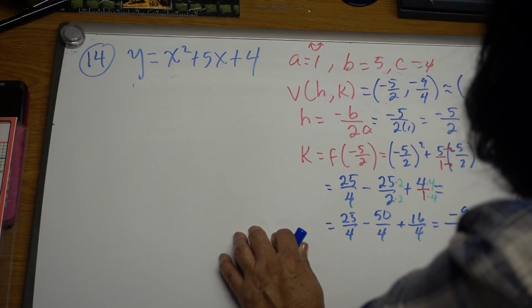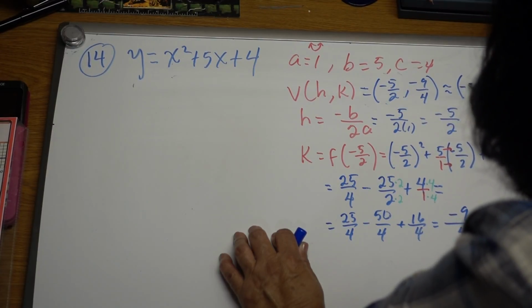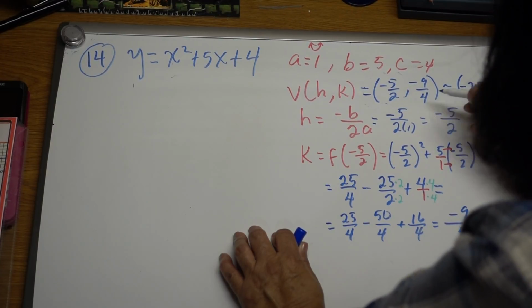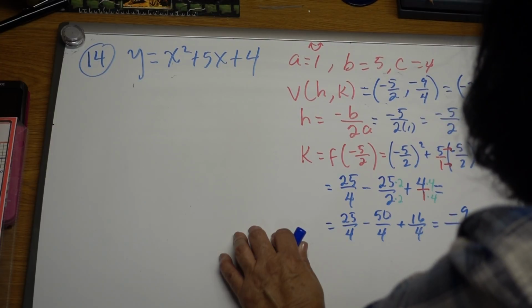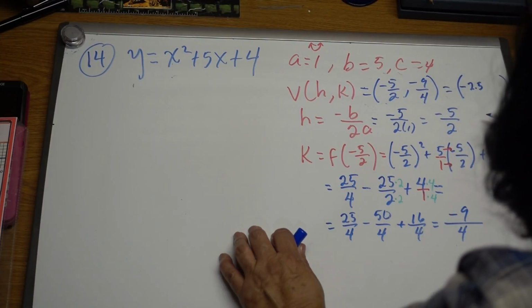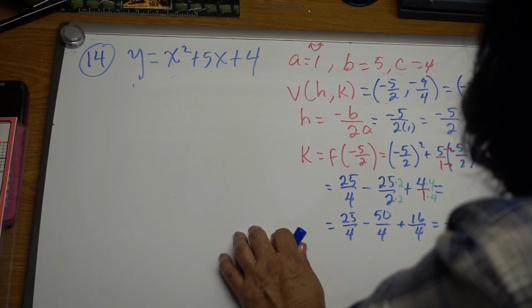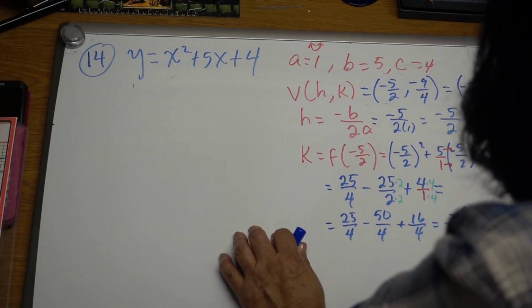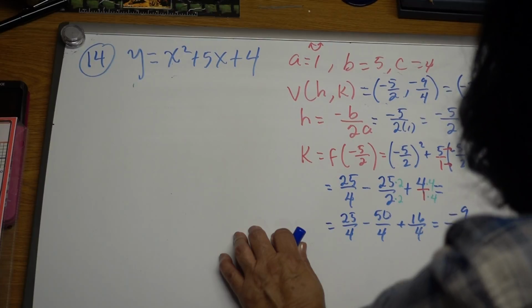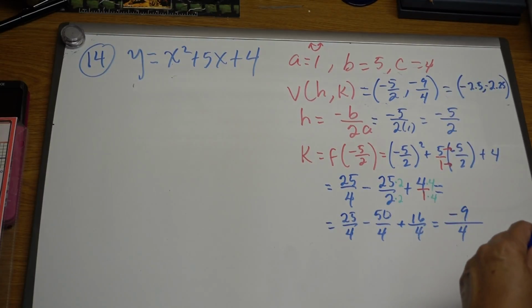So 5 halves is 2.5, so this will be negative 2.5. And 9 over 4 is 2 and 1/4, which is 2.25, so it is negative 2.25, okay? So we're going to graph this.